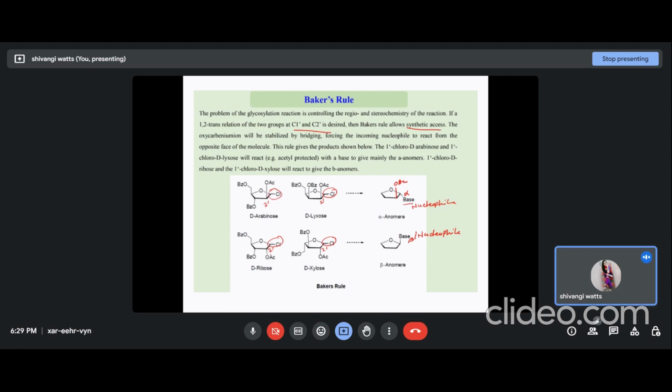The oxycarbenium will be stabilized by bridging, forcing an incoming nucleophile to react from the opposite face of the molecule. So according to Baker's rule, the 1 and 2 positions should be trans to one another.